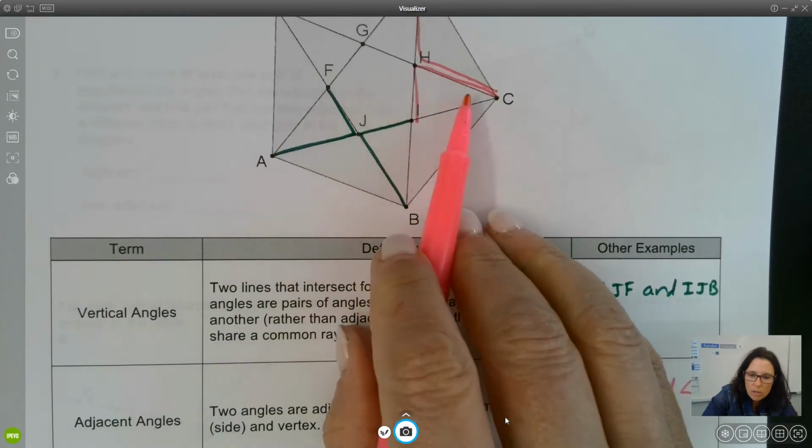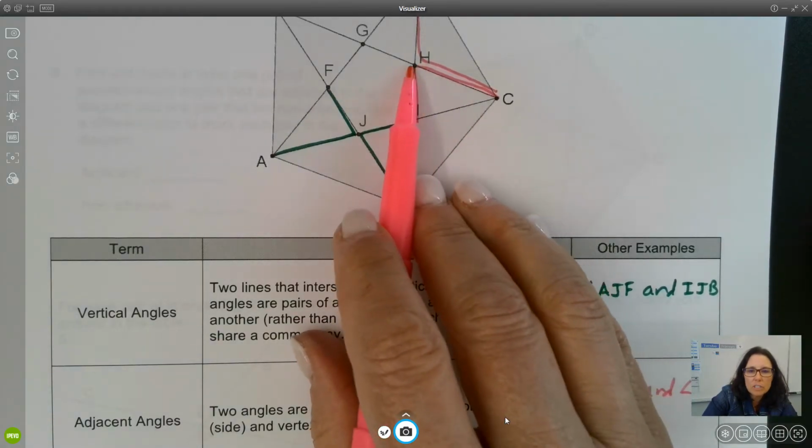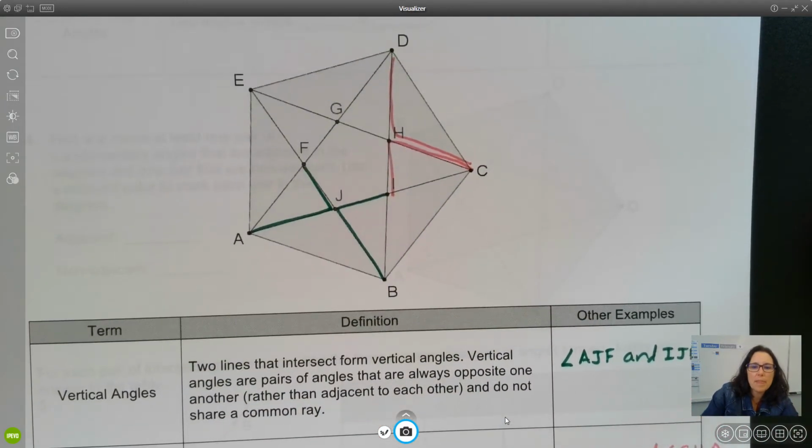So they share a common ray and a vertex. All right, so you need to understand what vertical angles are and what adjacent angles are.